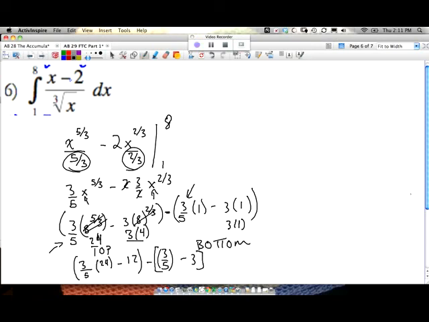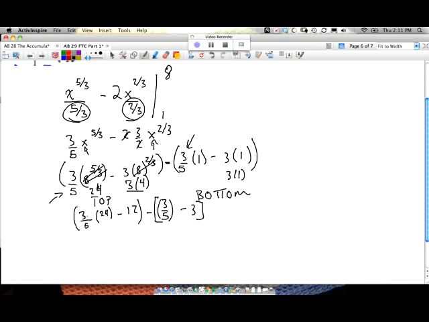Okay, let's simplify even more. 3/5 times 24, that's really 3 times 24 is 72. So we got 72 over 5. We got a negative 12. We got 3 over 5, but subtracted. And this negative is really going to make a positive, so that's plus 3.